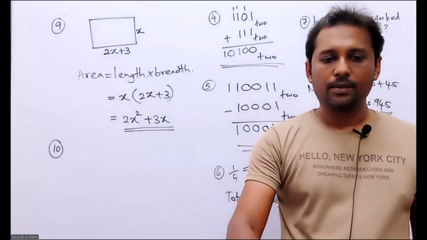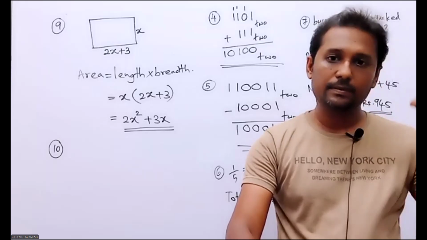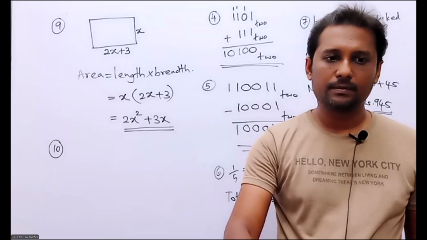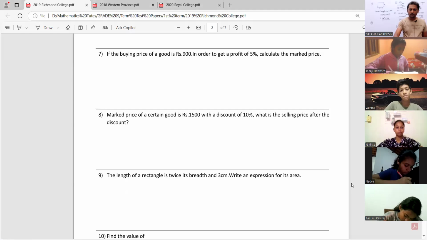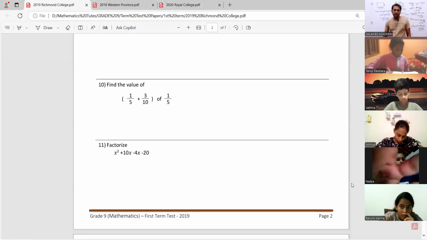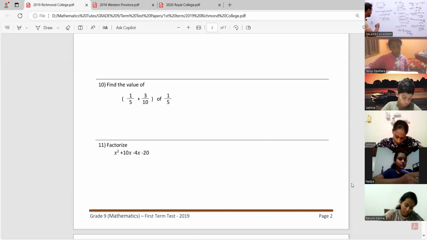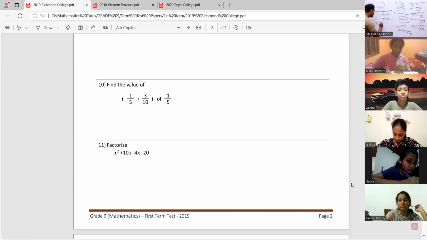Right. Then let's go to number 10. Question number 10, given from the fraction: (1 over 5 plus 3 over 10) of 1 over 5.